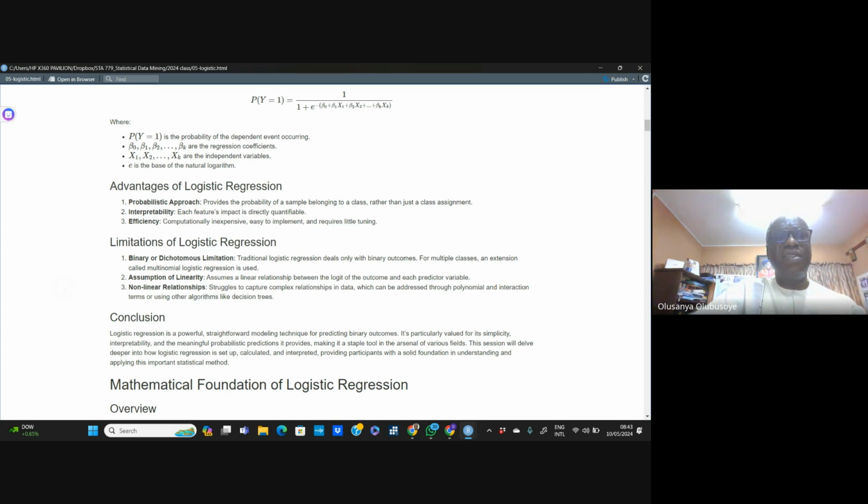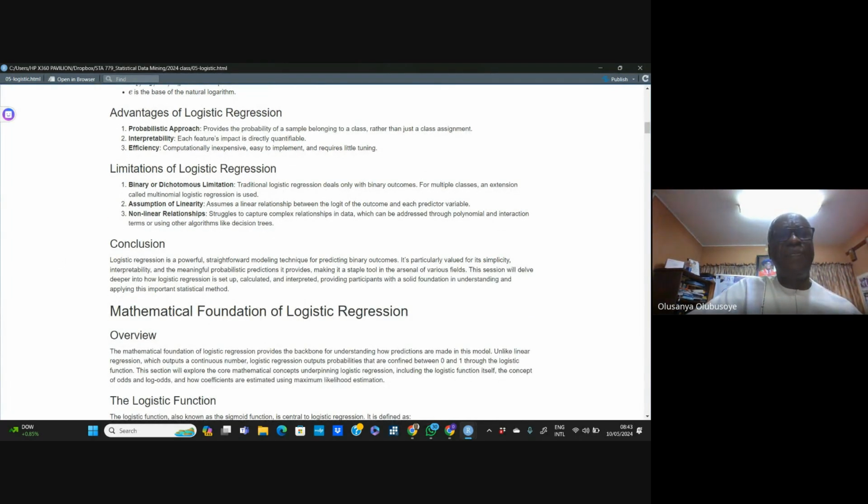The limitations include the fact that it's limited only to dichotomous variables, only 2 classes. Remember, it's because for now we are focusing on only 2 classes. We could have situations where you have 3 or more levels.